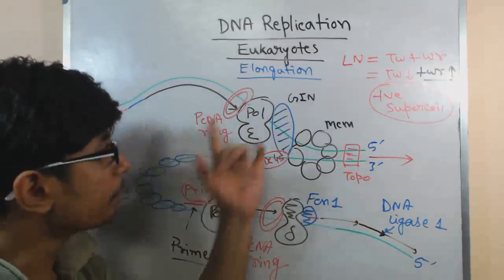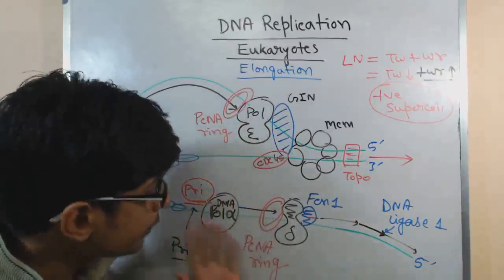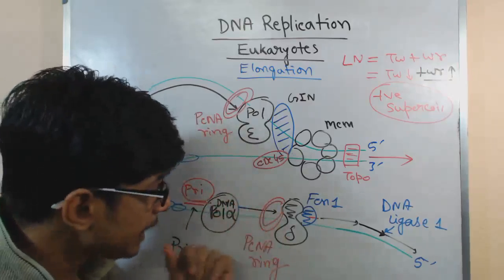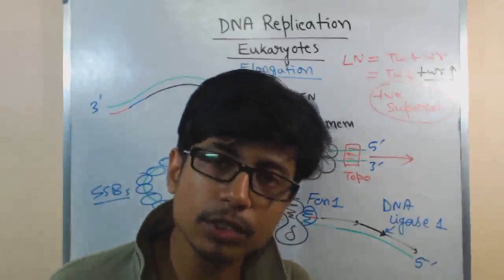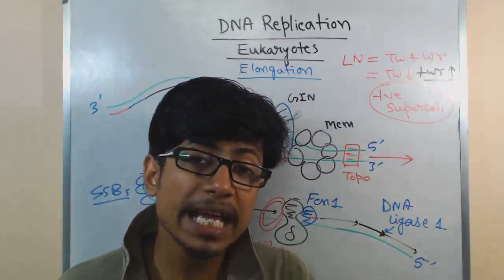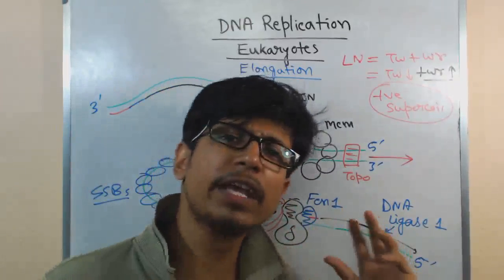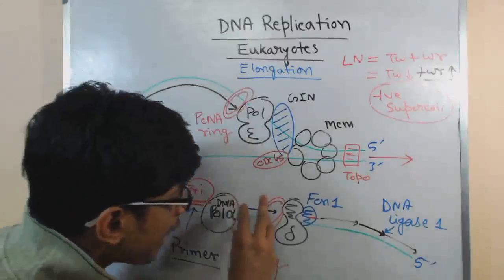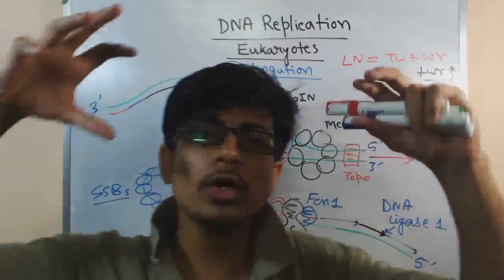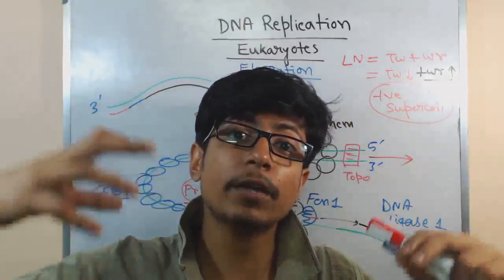Now another thing about the PCNA ring: why do we need it? The PCNA ring is also called the clamp loader protein. These clamp proteins are very important because they can hold on to the DNA for a longer period of time.